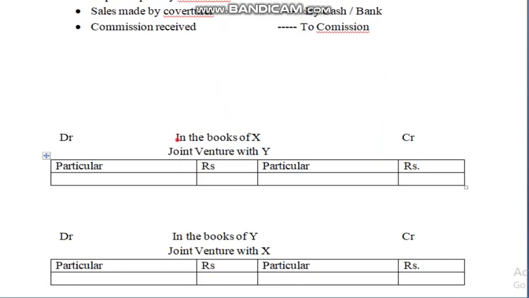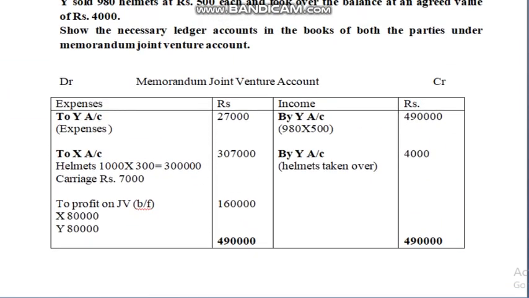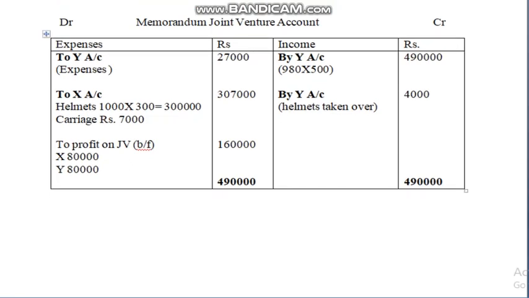So first prepare the personal account of X. So in the books of X, here X is preparing his personal account. In this ledger account, we have to record only the transactions relating to X. So first go through the memorandum joint venture account. In memorandum joint venture account, the first transaction is related to Y, so ignore it. The second transaction is relating to X. So here we are preparing X account. So consider this transaction.